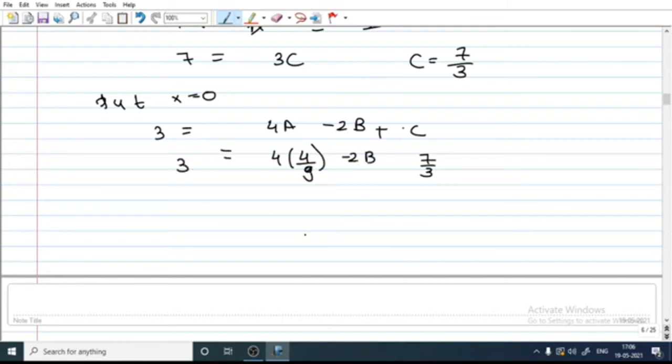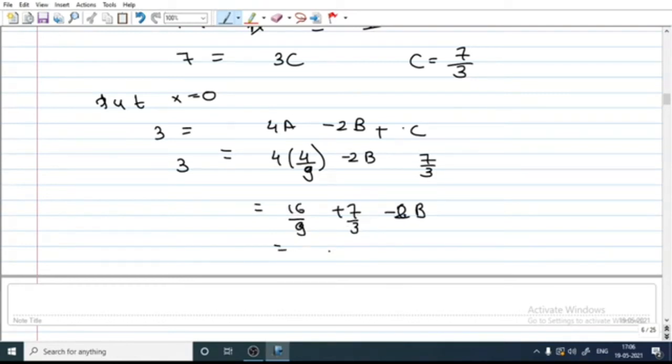So if you go on simplifying, what you are going to get finally is 16 by 9 plus 7 by 3 minus 2b.